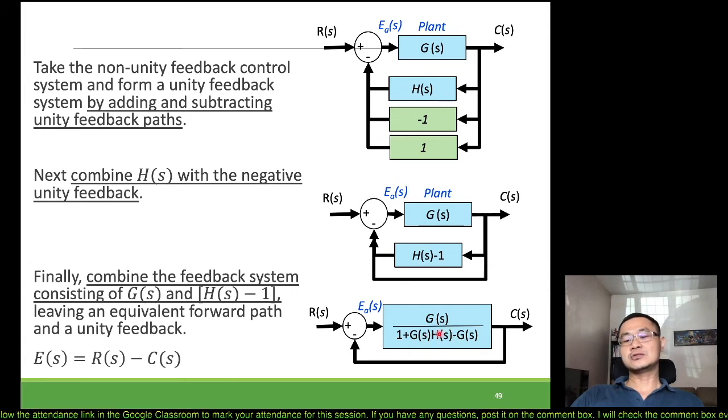So you get 1 plus GH minus G. Eventually we convert our non-unity feedback system into a unity feedback system with a feed-forward transfer function of G over 1 plus GH minus G.